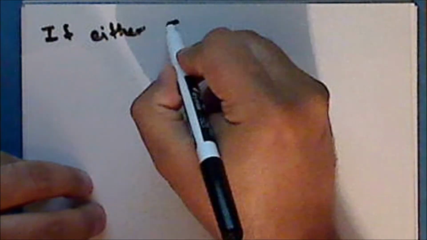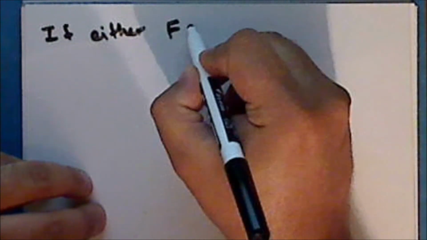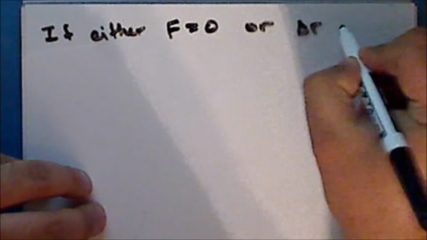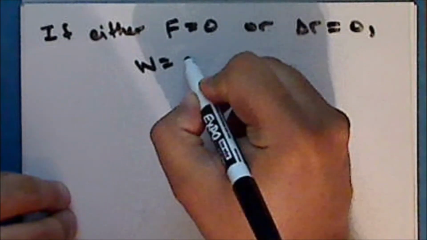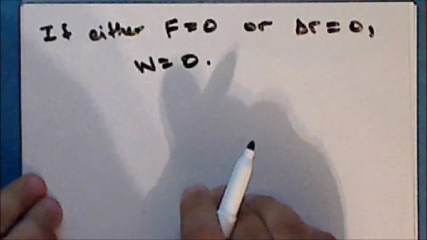And of course, if either the magnitude of the force is 0, or the magnitude of the displacement is 0, then the work done on the system is 0.